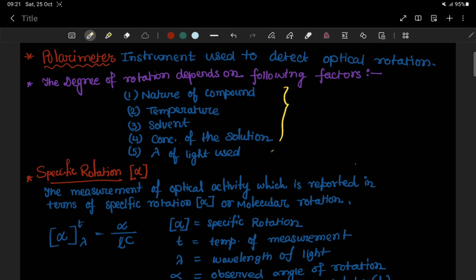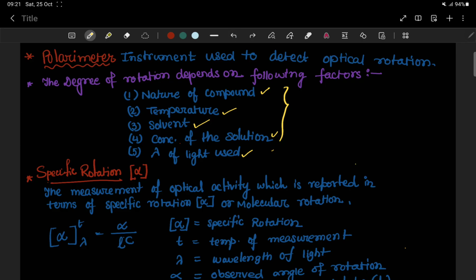First is the nature of the compound. Second is temperature, third is the solvent, then the concentration of the solution, and also lambda of the light, that means the wavelength of the light. These are the factors on which the degree of rotation depends, and this degree of rotation is noted as alpha.